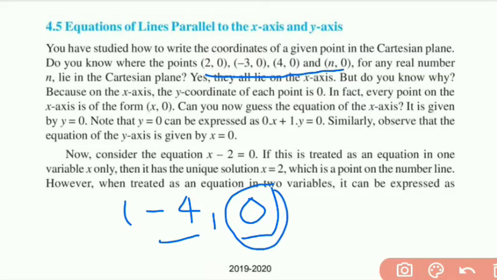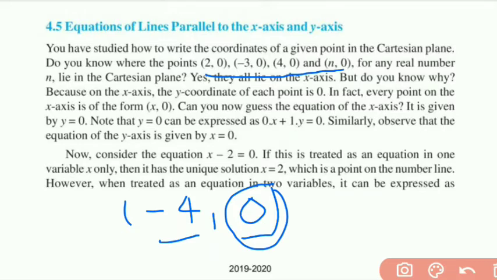It means the value of y is everywhere 0 and x is any real number in the Cartesian plane. Yes, they all lie on the x-axis. When we plot these points in a Cartesian plane, all these points lie on the x-axis. This thing you already know.